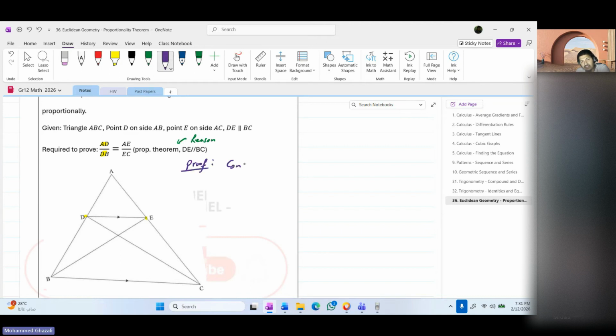You're going to say construct lines BE, but in this case it was already given. If it's not given, just a general diagram is given. That's what you're going to do.